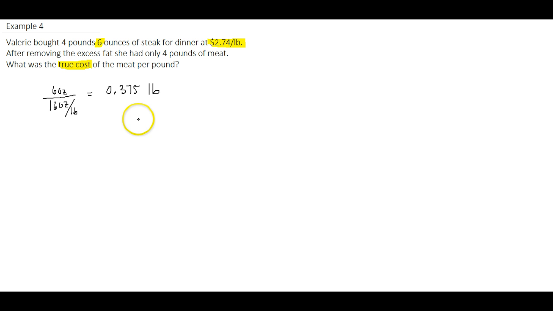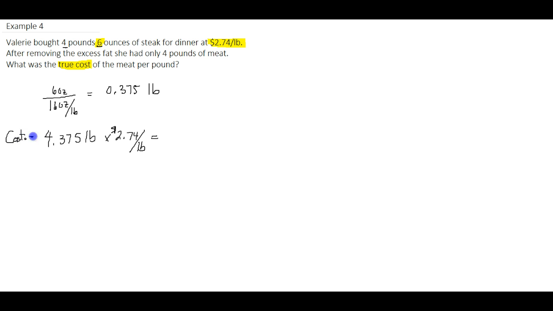So now I have 4 pounds plus the 6 ounces. So the total amount of meat Valerie purchases is 4.375 pounds. We multiply that by the price per pound, $2.74 per pound, and that gives us the cost.